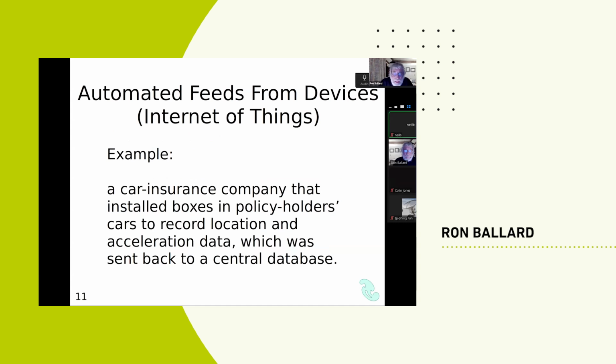Automated feeds from devices. I worked for a car insurance company that installed boxes in the policyholders' cars to record location and acceleration data, which was sent back to a central database. You'd think that would be pretty reliable.